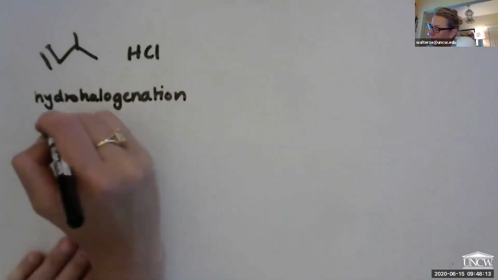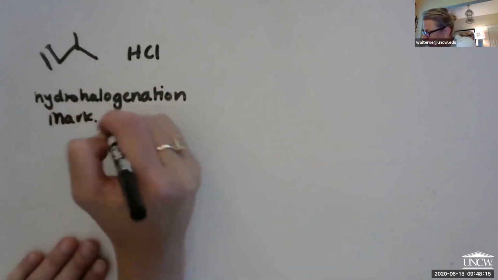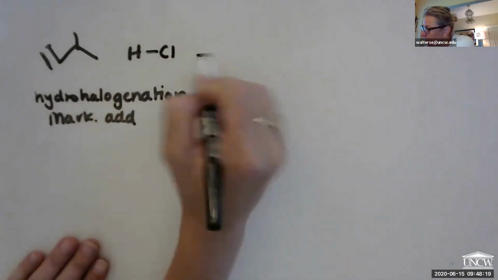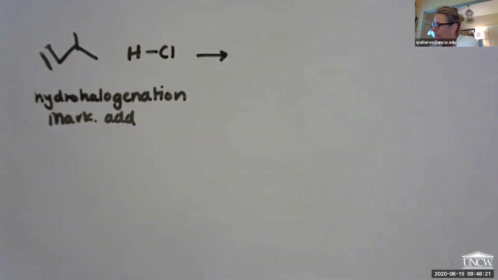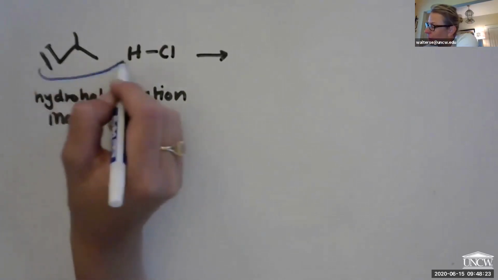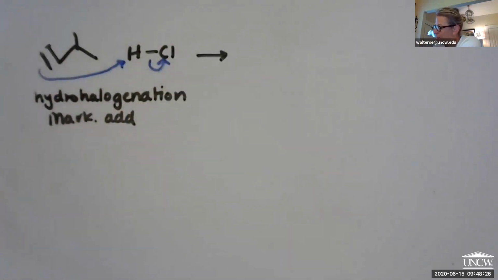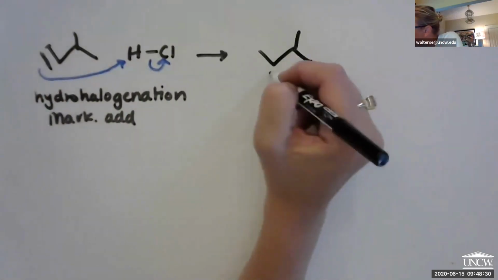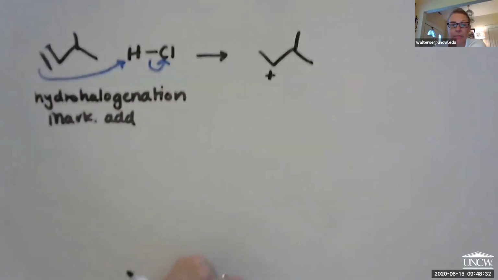And it adds by Markovnikov addition. So I'm going to draw the mechanism just so we're all on the same page. The Markovnikov addition means that we're going to end up with our more highly substituted carbocation intermediate.